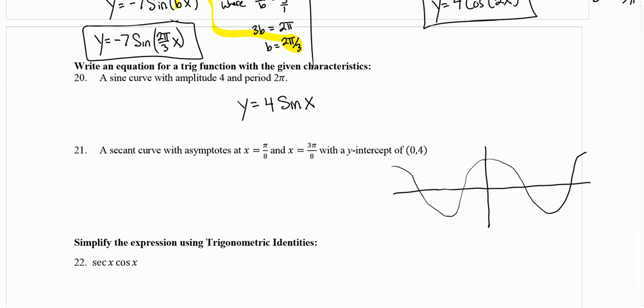And so the secant curve has vertical asymptotes wherever the cosine curve has an x-intercept.